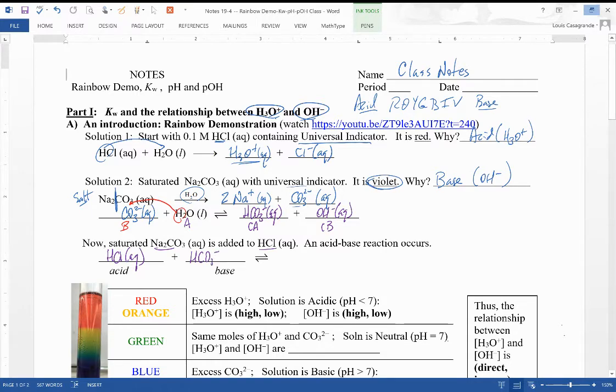HCO3- is also a base. Yes, it's a conjugate acid. There, it's a base here, which means it's amphoteric. And the reason this is acting as the base is because the HCl is a strong acid. So we're going to take our H plus.